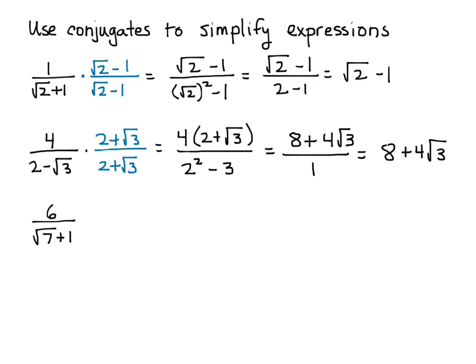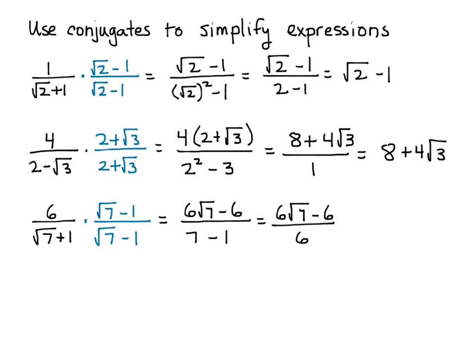Okay, so we look at this one. 6 over the square root of 7 plus 1. And there's its conjugate. And so square root of 7 squared is 7. 1 squared is 1. And so we get 6 times the square root of 7 minus 6 over 6.